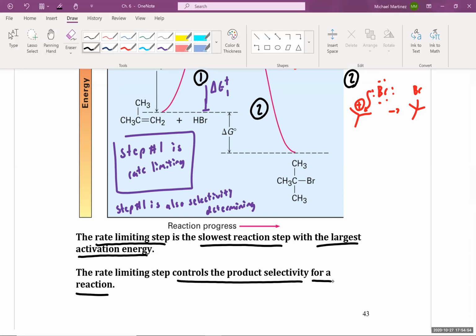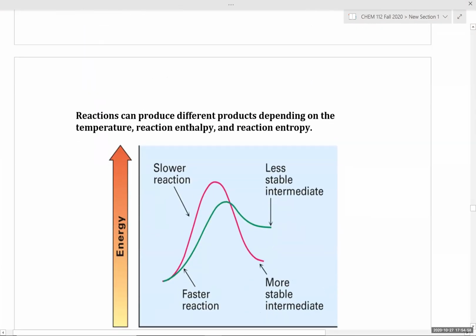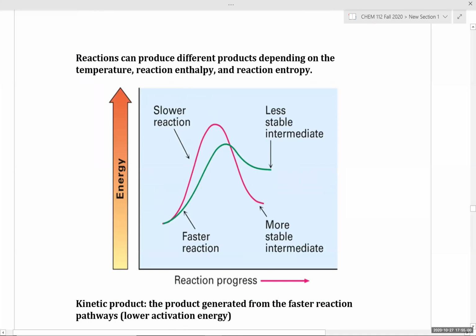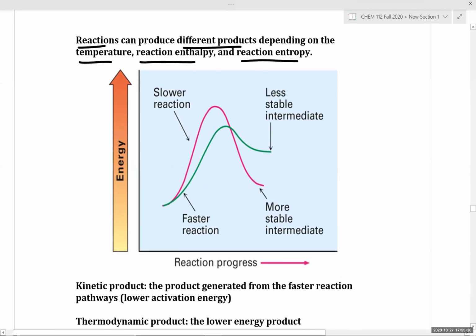Okay, wonderful. Well, how can we describe different reactions, and how can we talk about the products generated from different reactions? Well, reactions can produce different products depending on the temperature, reaction enthalpy, and reaction entropy. So we can describe products as either kinetic or thermodynamic products.